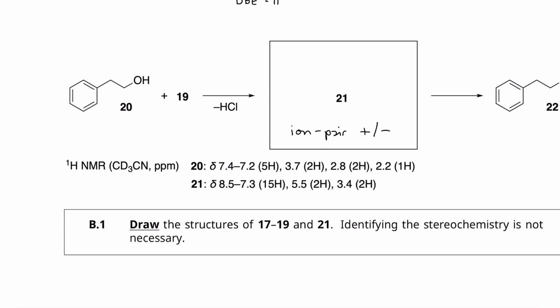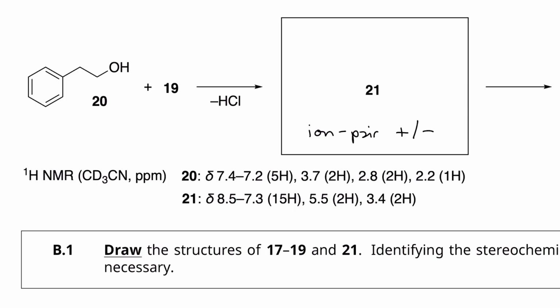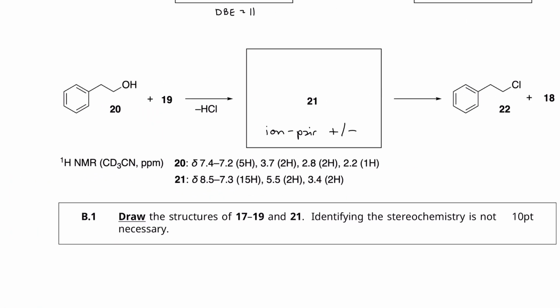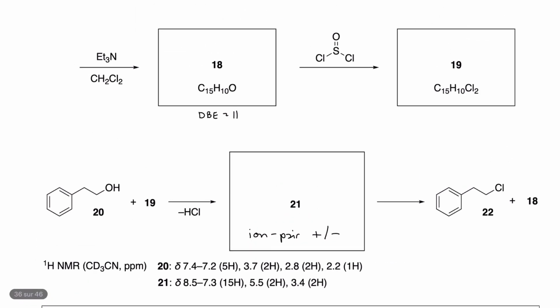Oh, they've given us some NMR clues, but okay. So 20 added with 19, and there is a loss of hydrochloric, the HCl, the hydrogen chloride, to form ion pair 21. So what's going to happen here is that, let me draw 19 first.